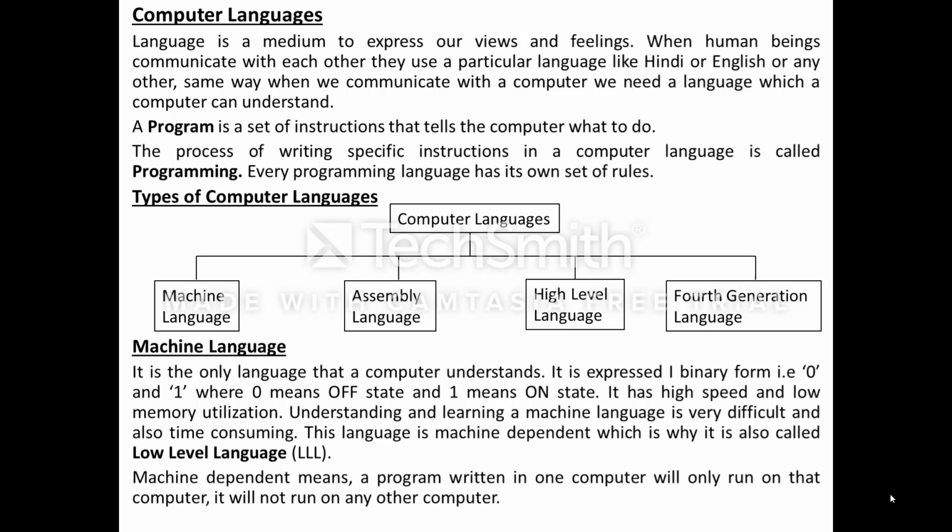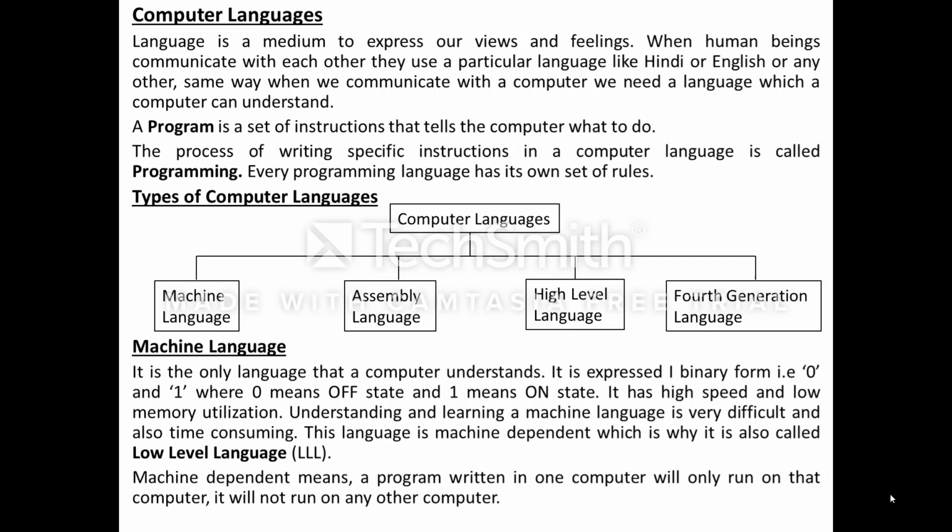So this transformation is done by a device. The name of the device is language processor or language translator, that we'll study at the end of the chapter. Okay, now that device, what does it do? It translates or converts the human readable language into machine language and sends the instructions to the CPU for processing.